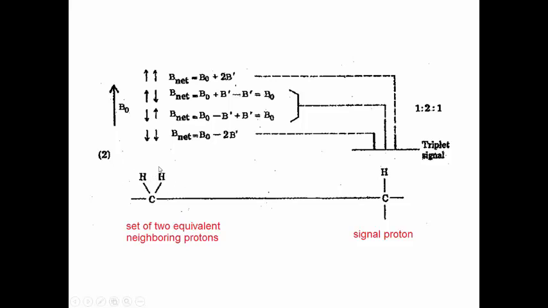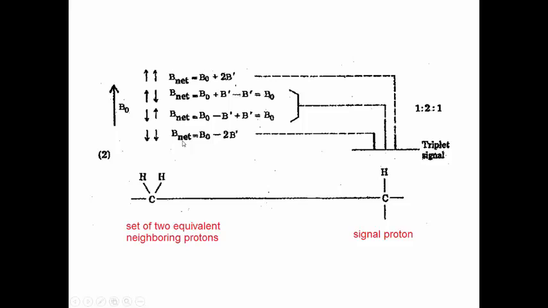What's the total number of local magnetic fields it'll experience? Well, we can look at it this way. The two neighboring protons can both spin in the same direction, let's say spin up, or they can both be in the same direction, spin down. Or one can be spin up and the other spin down.